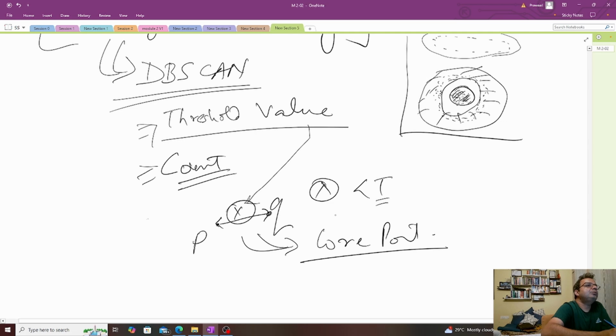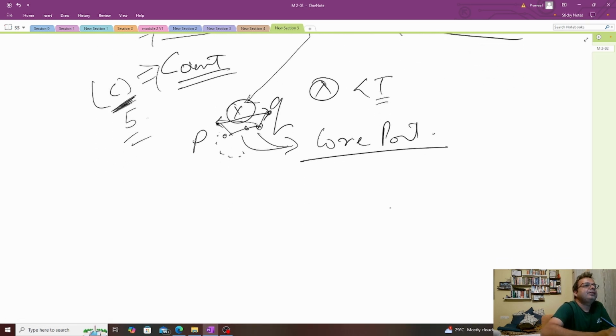The count indicates that a minimum of, let's say, C points must be within the threshold distance to call them core points. If the count is 5 and there are 5 points within the threshold distance of each other, then all of them become core points. And if points are within the threshold distance but don't reach the prescribed count, they are called border points.